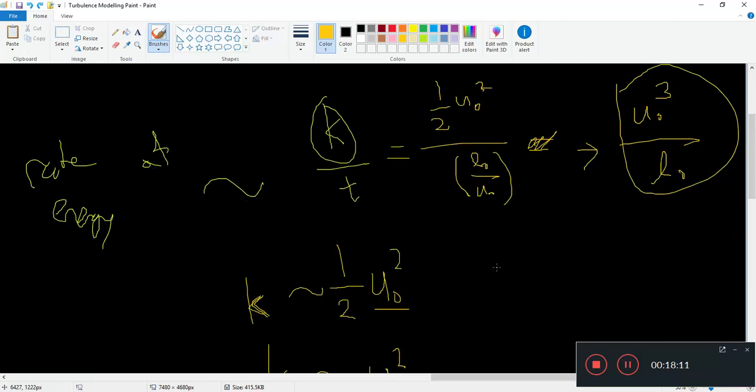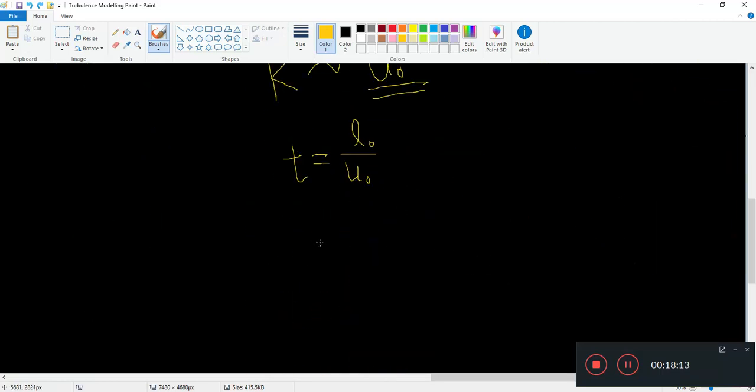So we can write this equation. The dissipation rate, we call it epsilon, per unit mass of course, will also scale as the kinetic energy over time, and it should be equal to u naught cubed over L naught. Okay, so that's step one.